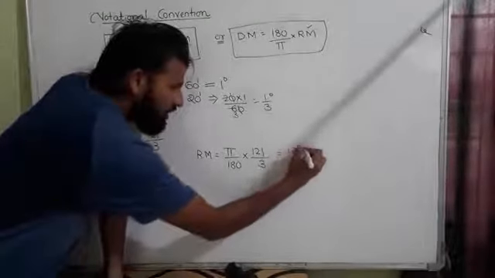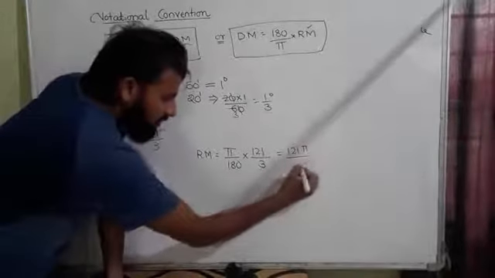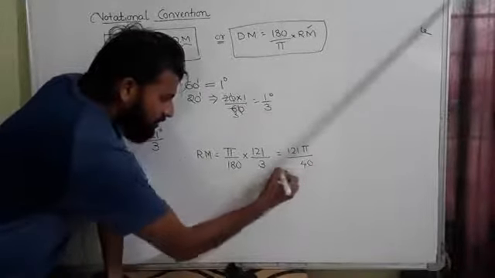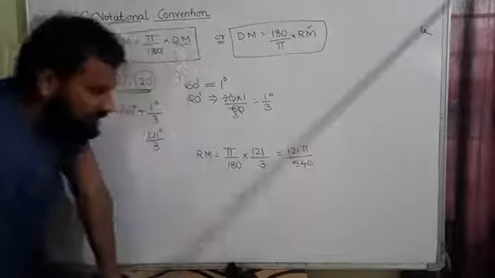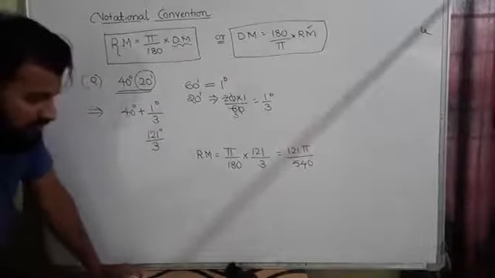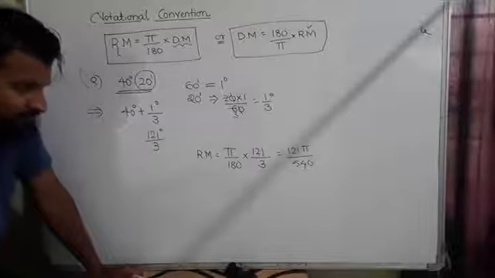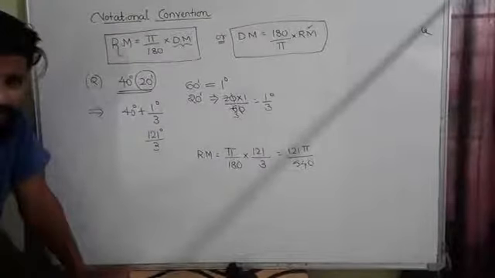So this is 121 pi divided by 3 zeros are 0, 3 8s are 24, 3 1s are 3, 5. Yeah, 121 upon 540 pi. I don't think they will cancel each other. Yeah, I don't think we are able to cancel or simplify it.